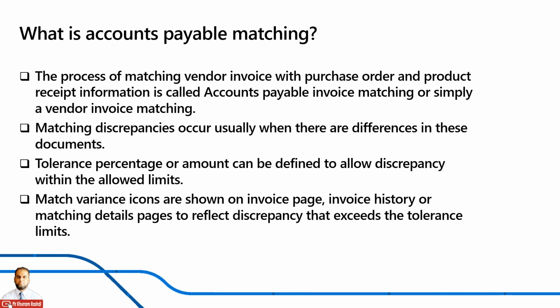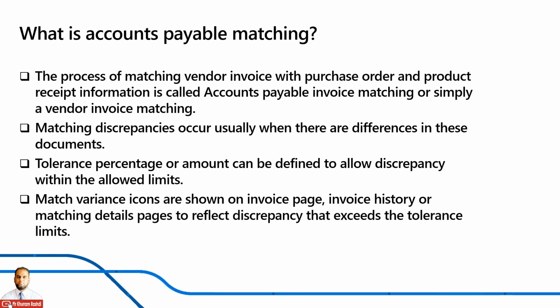But on the vendor invoice, they are giving us higher prices, and we need to check whether they are fulfilling their commitment. Then there is a tolerance percentage or amount which can be defined in the system to allow, to a certain extent, discrepancies within the allowed limits in terms of percentages or amounts.